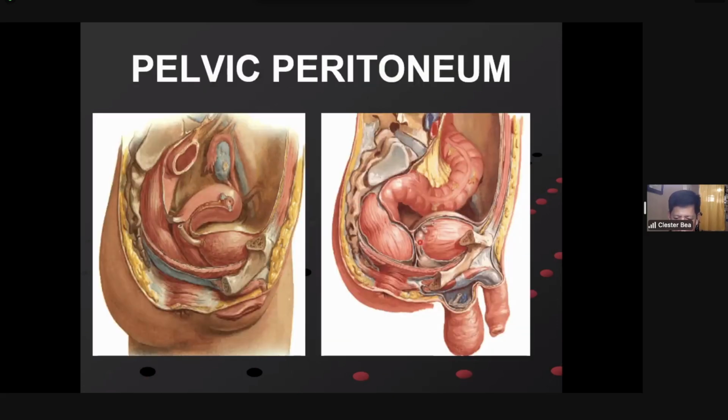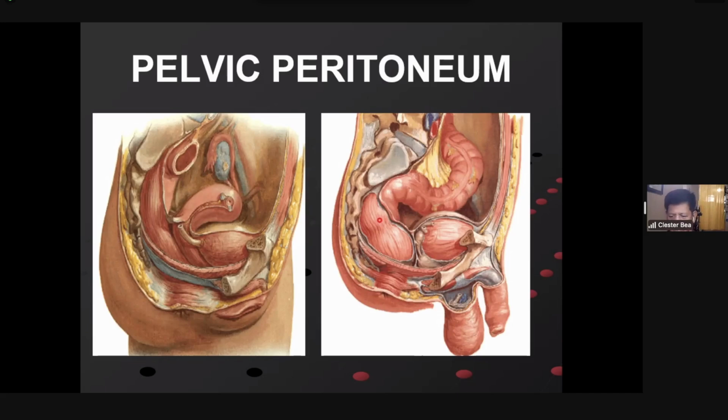Now this is a sagittal section, not a mid-sagittal section, of the pelvic cavity with the visceral organs in place. The pelvic cavity is like a single big space.